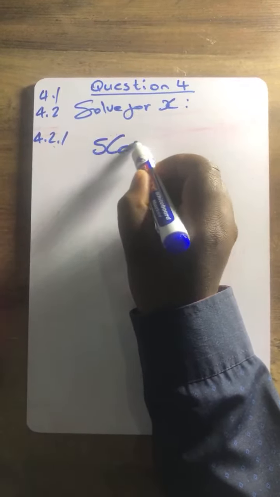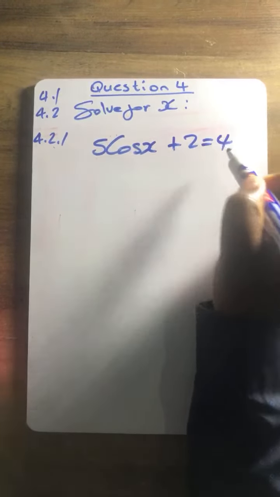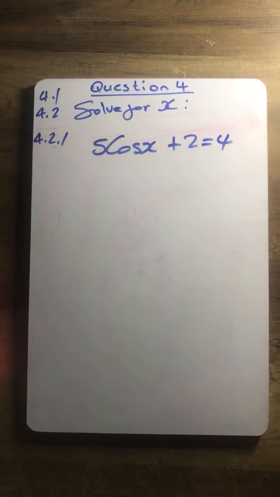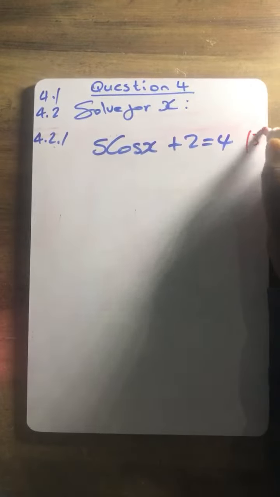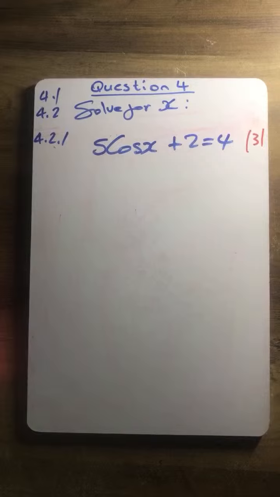5 cos x equals that. Yes, and then this one is allocated that. Let's see if you can survive on that one. Remember, guys, today I'm not going to put you under pressure to be very, very fast, because I realize we haven't done much of this.